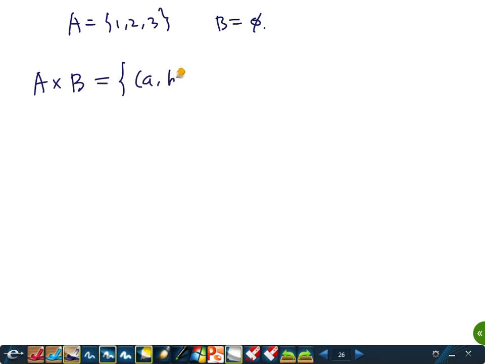I'm just copying the definition, only using different letters, doesn't really matter. You take one element from A. You take one element from B, and then you make an ordered pair. Can you do that? What is B? You cannot find B. If you cannot find B, what can you say about this?